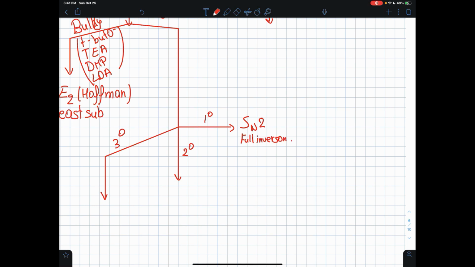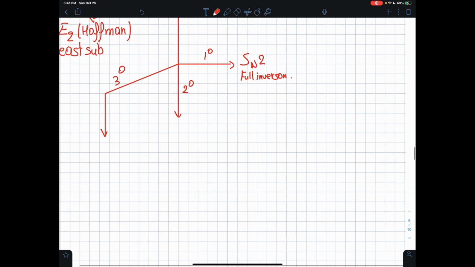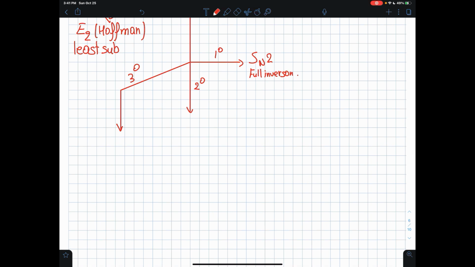Now when you have a secondary, you have two options. This is a confusing one where everyone gets confused with it, right? The secondary can be a strong base, that would include stuff like RO minus, NH2 minus, OH minus, strong but not bulky bases.